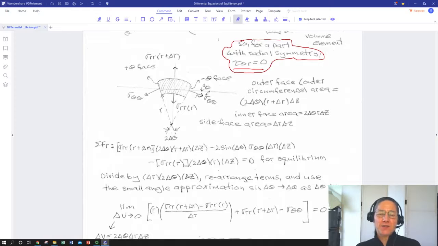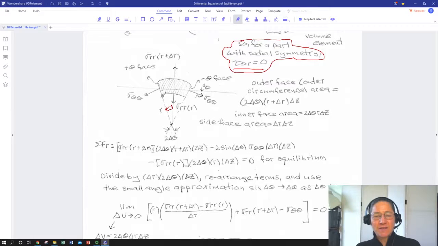We can define two sigma theta thetas, one at the plus theta and one at the minus theta. For convenience, we define this angle that's subtended by the two theta theta faces as 2 times delta theta, where a single delta theta is just this. And that makes everything a little bit easier.